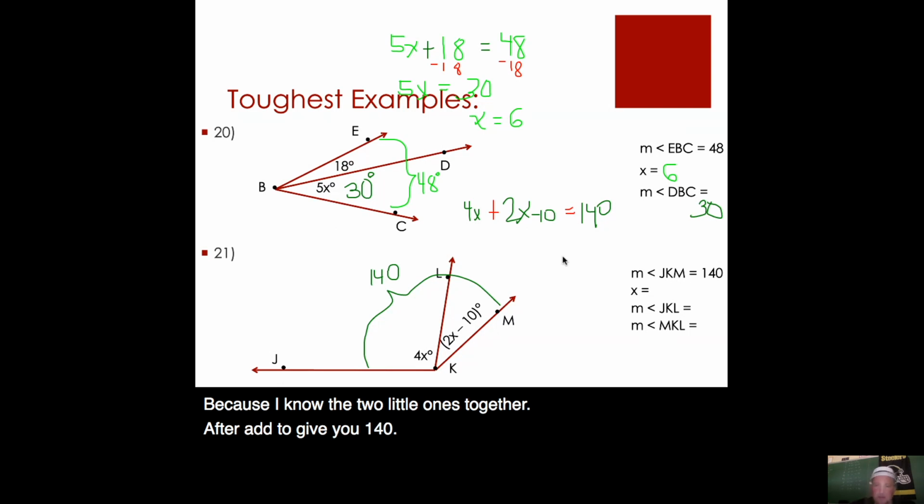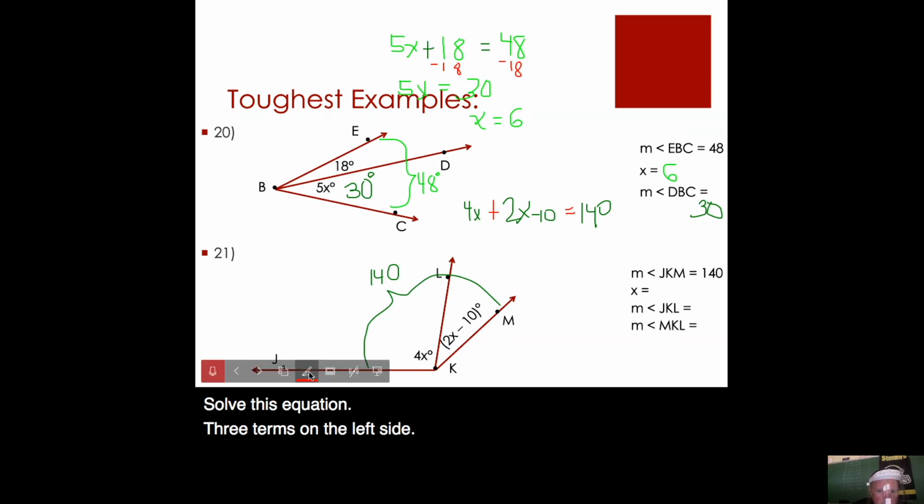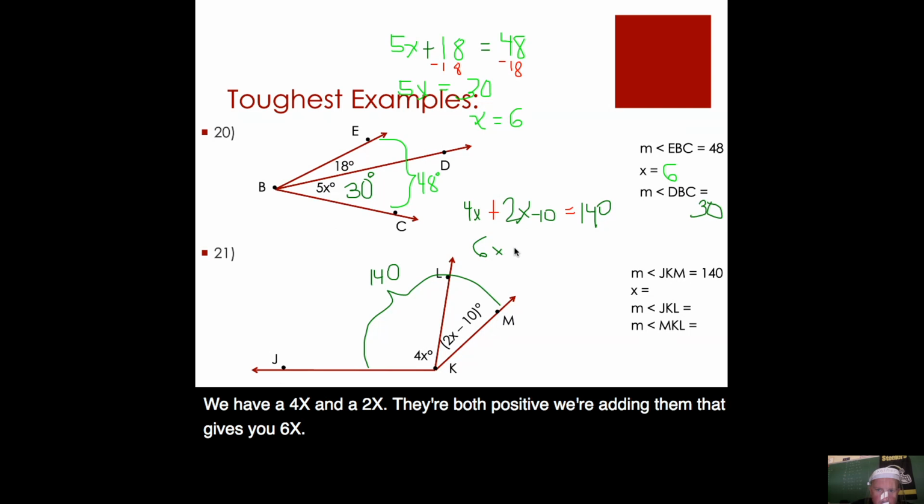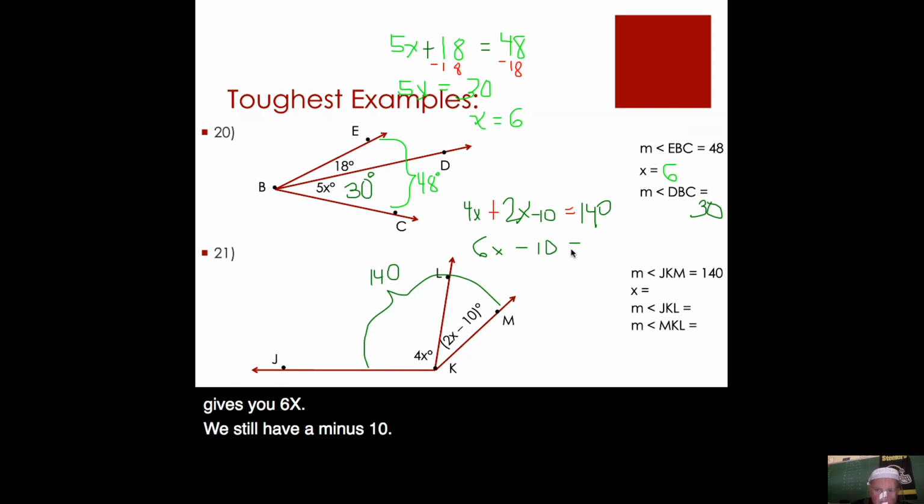Solve this equation. 3 terms on the left side. We have a 4x and a 2x. They're both positive. We're adding them. That gives you 6x. We still have a minus 10. We know that equals 140.